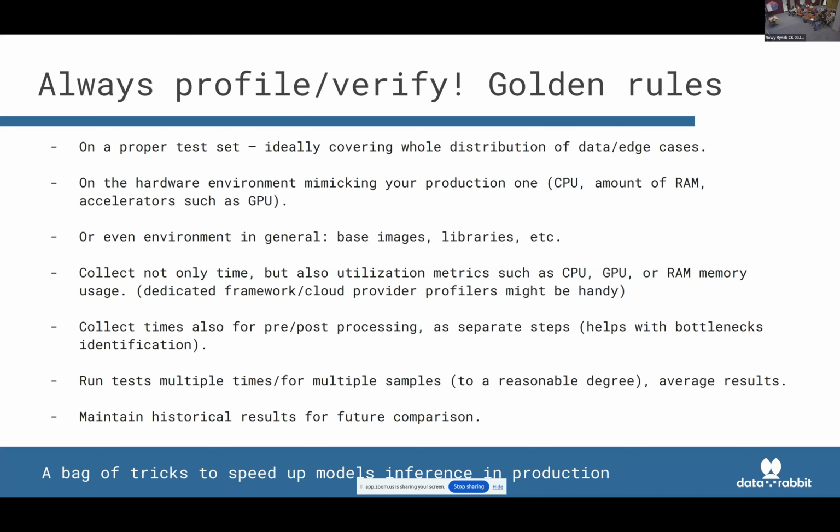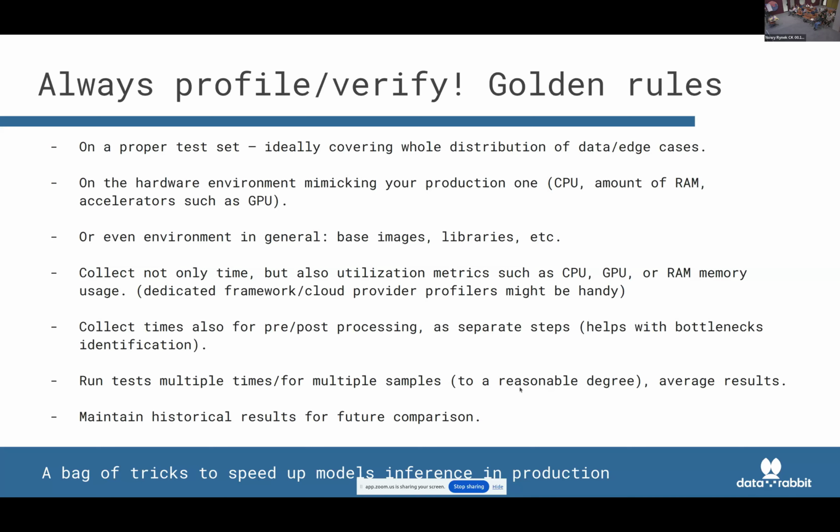Another tip: collect not only time, but also utilization metrics, such as CPU, GPU, and memory, split into different steps, right? Make sure that pre-processing, post-processing, and inference are captured separately, just so that it improves your ability to later identify bottlenecks.